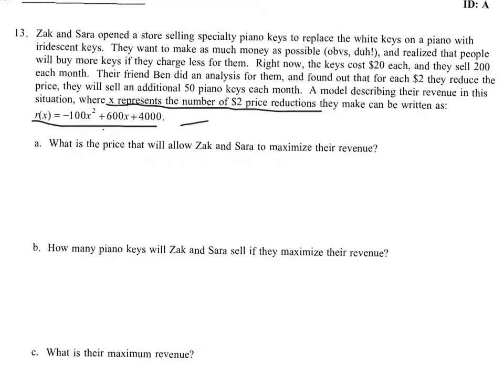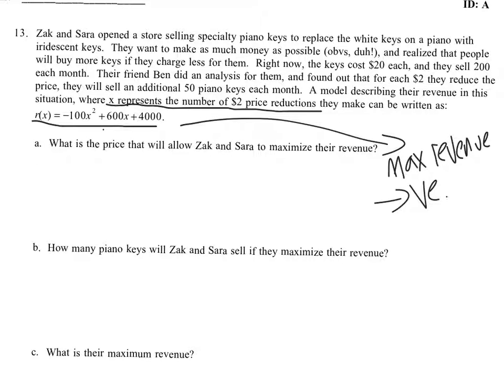So I'm going to do kind of a side problem and say that the max revenue is going to be where X is at a vertex point. And for that, I'm going to say X is equal to negative B over 2A.